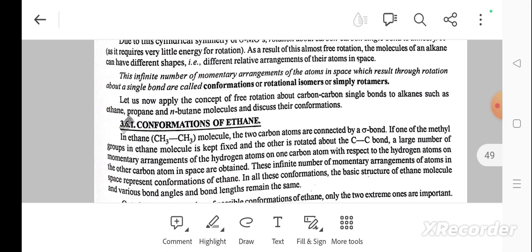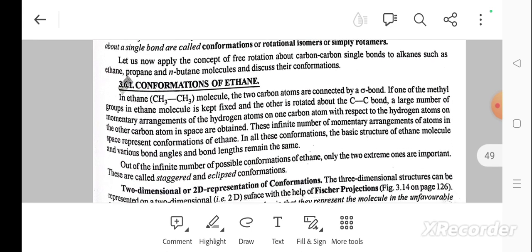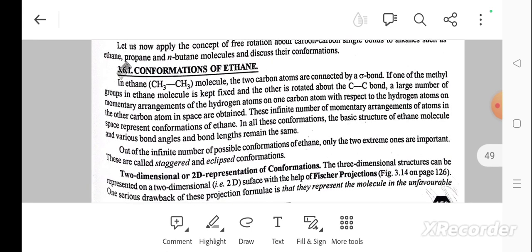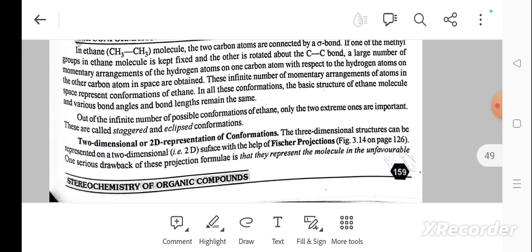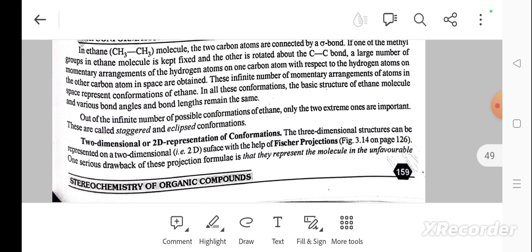Let us apply the concept of free rotation about the carbon-carbon single bond to alkanes such as ethane, propane and butane, and discuss their conformations. Conformations of ethane. In ethane, CH3-CH3, the two carbon atoms are connected by a sigma bond.